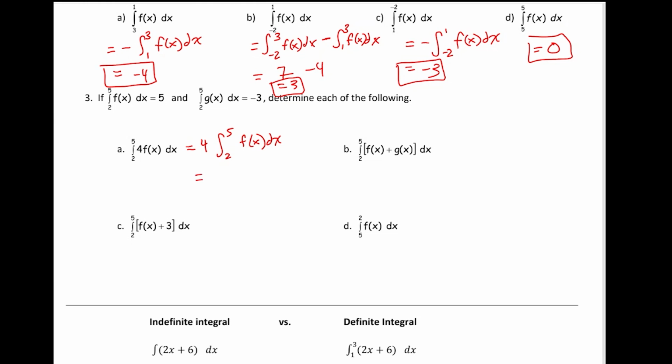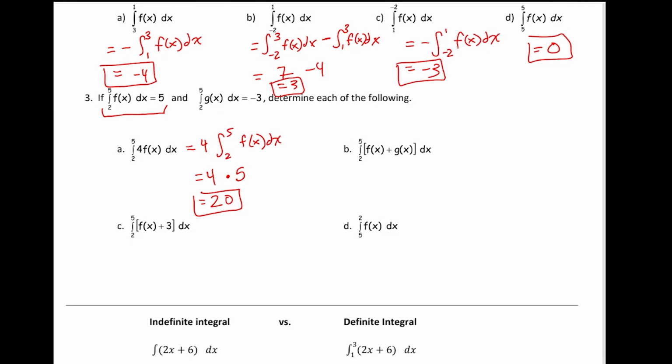All right, and then this one's given right here. So we have 4 times 5, which is 20. So anytime you've got a constant factor inside your integral, you can always take it outside and just do the multiplication after you integrate.